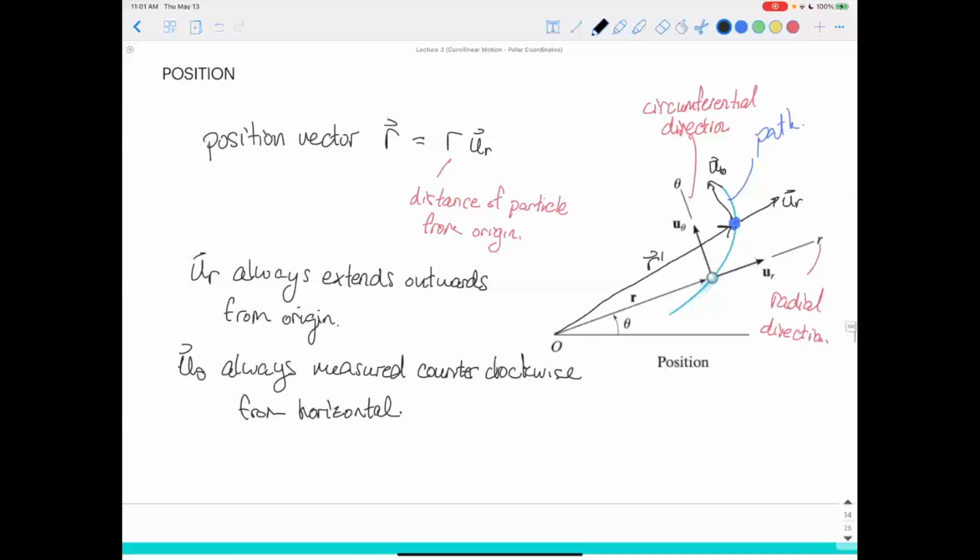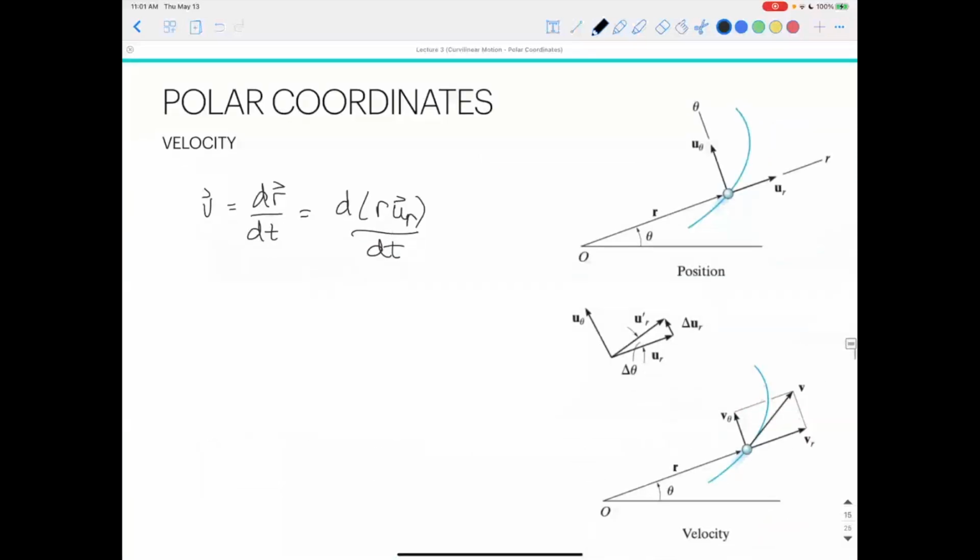So we have to use the product rule in our derivative, and we end up with r dot, so the rate of change of the distance of the particle, times u r plus r times u r dot.